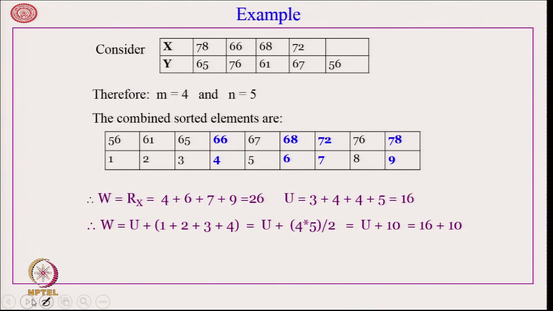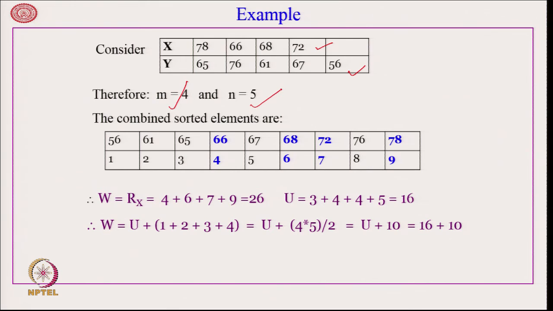So, let me give you an example here. Consider x equal to 78, 66, 68 and 72, that is, there are 4 observations. Therefore, m is equal to 4. y is equal to 65, 76, 61, 67 and 56. Therefore, n is equal to 5.